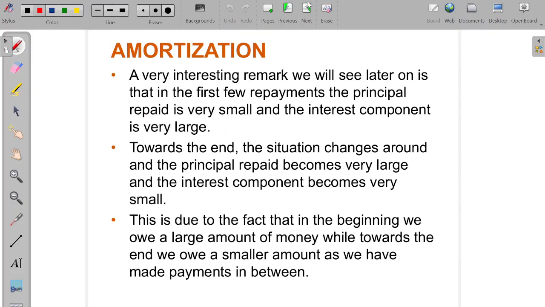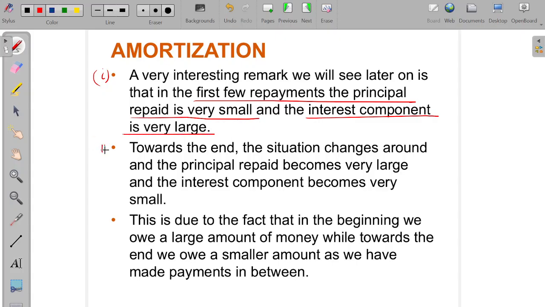A very interesting remark we will see later on is that in the first few payments, the principal repaid is very small and the interest is very large.